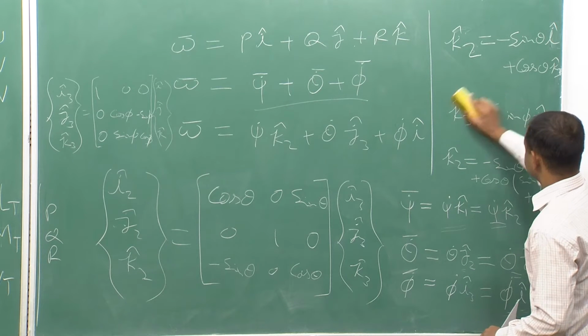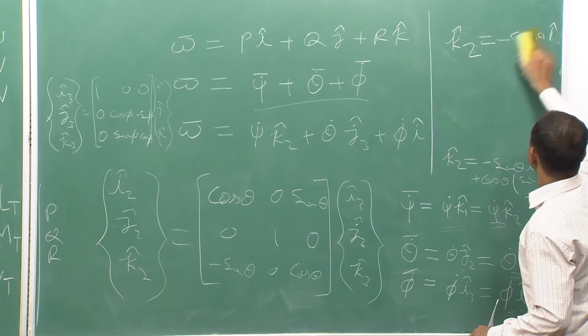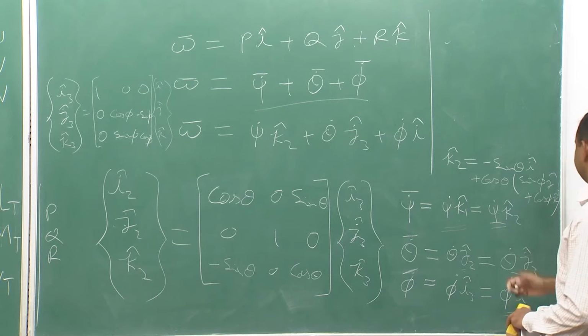So, now I have K2 in terms of I, j and k.